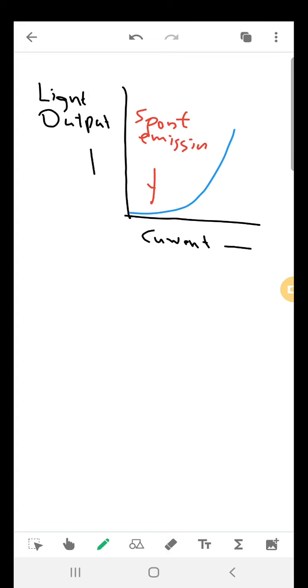This increase in output is due to stimulated emission.